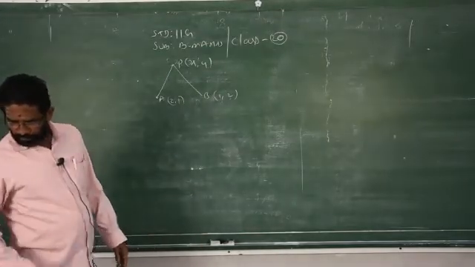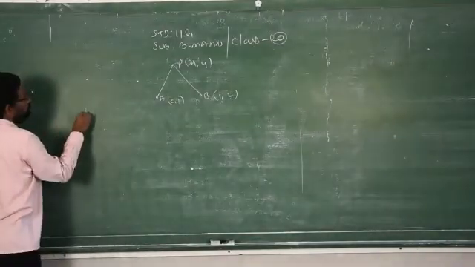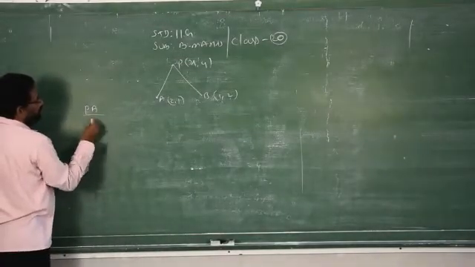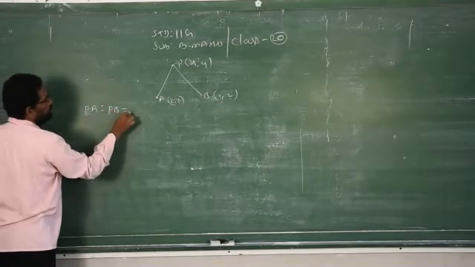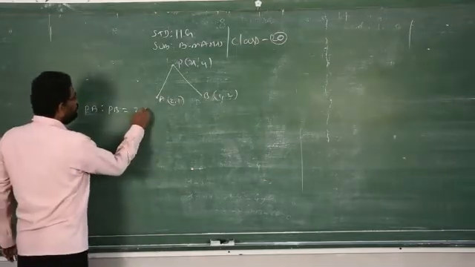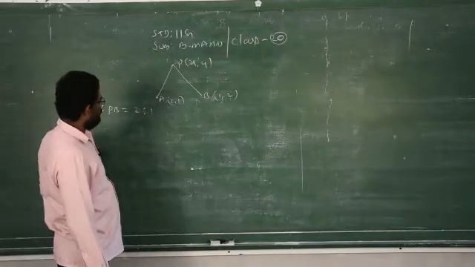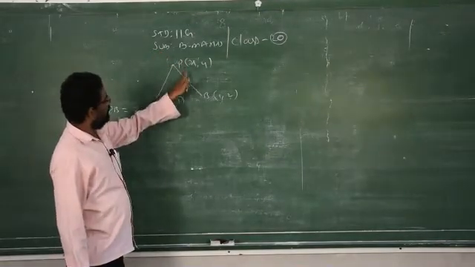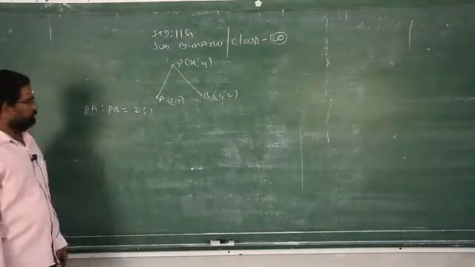Now, it is given in the form of a ratio, the distances PA is to PB, the ratio of these distances is given as 2:1. The distance between P and A and the distance between P and B are in the ratio 2:1.